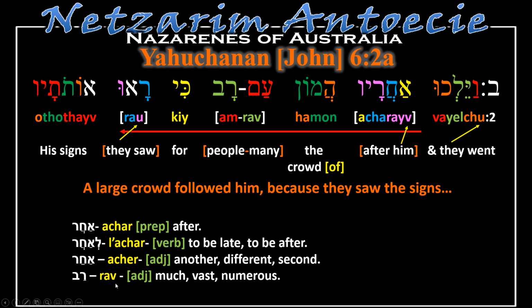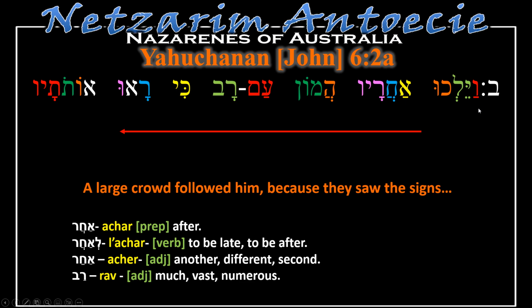And then we have rav, as an adjective can mean much, vast, numerous, and sometimes they'll use it as great. So therefore, the translation, a large crowd followed him because they saw the signs. So when they said, and they went, the root of that, hala, can also mean to follow.